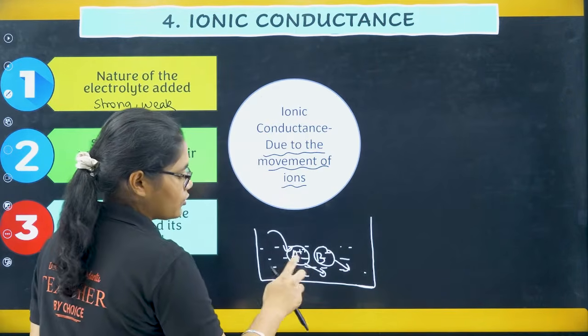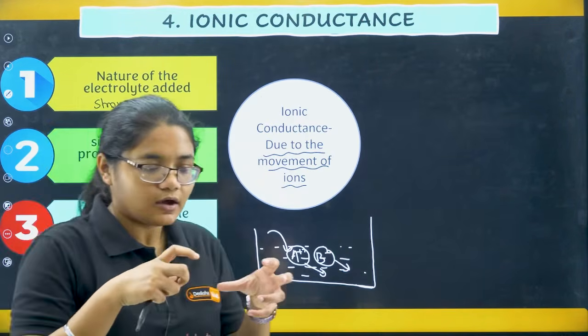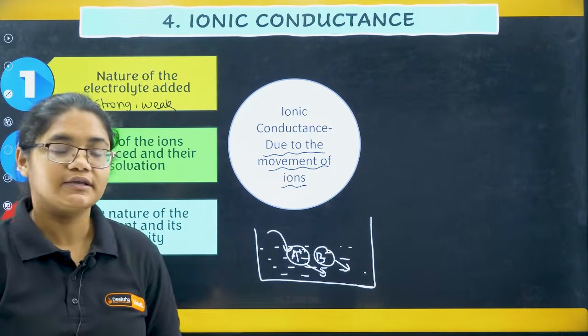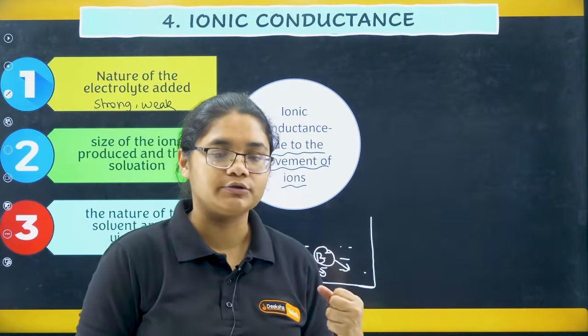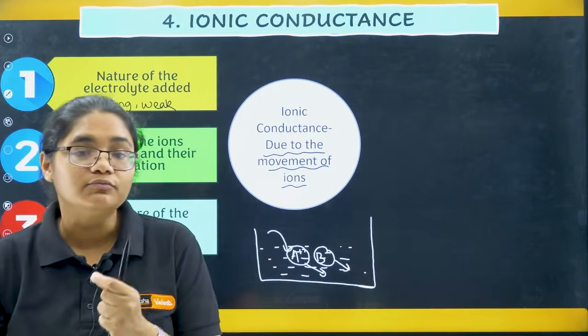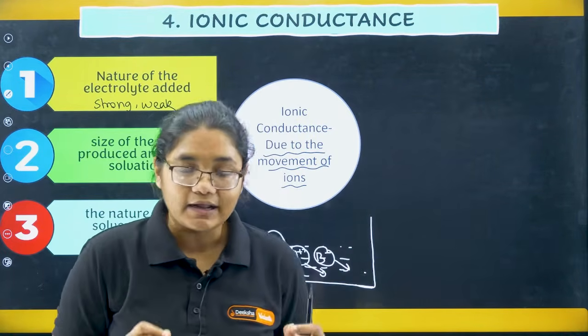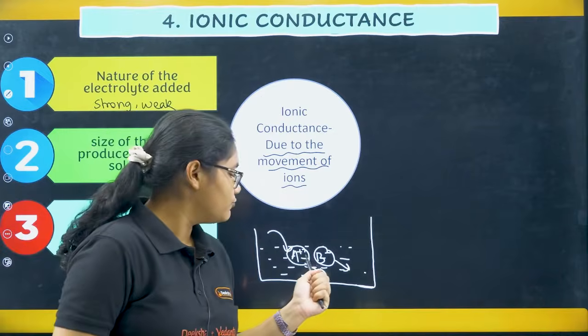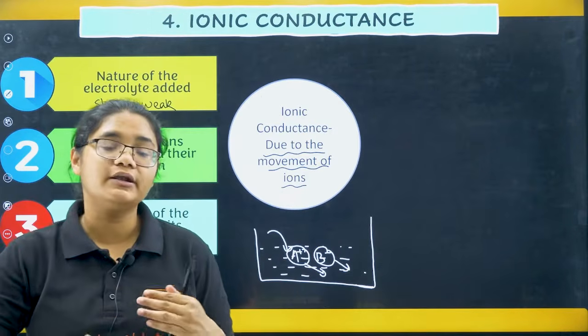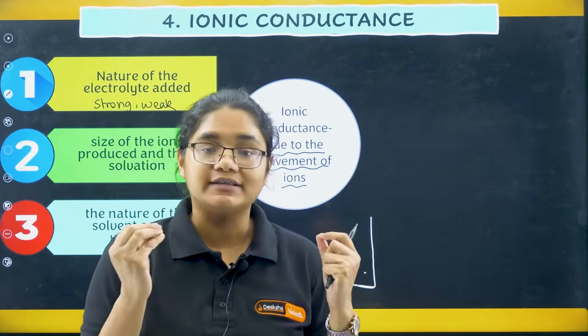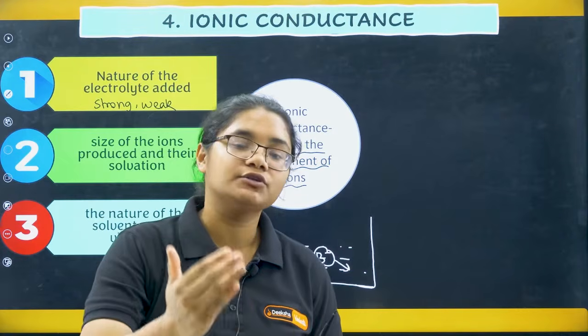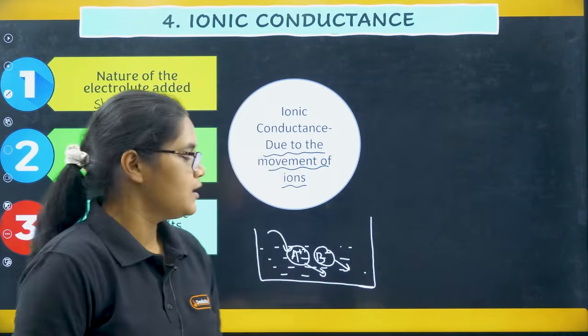It will have a lot of friction and difficulty moving through the solution. If it cannot move properly, it cannot conduct electricity, right? Electricity is conducted due to the movement of ions. So if the movement of ions is smooth, then conduction will be good.